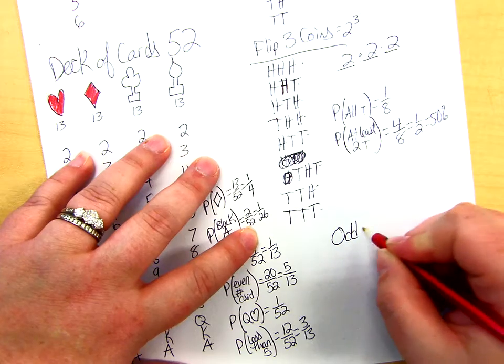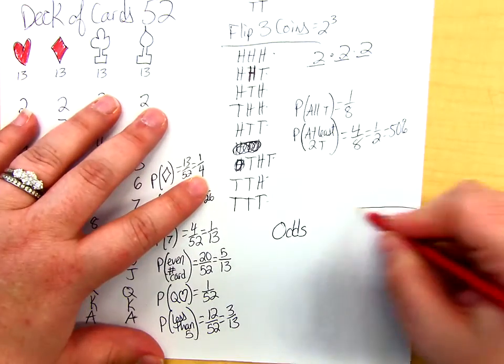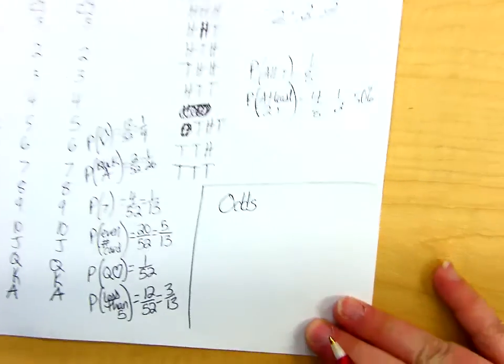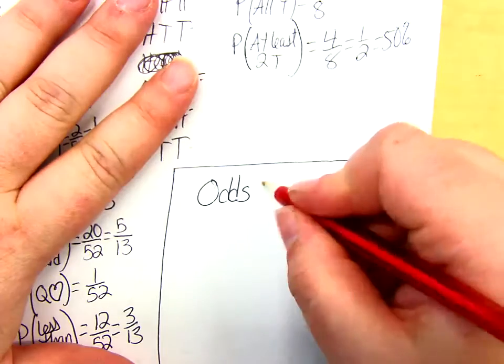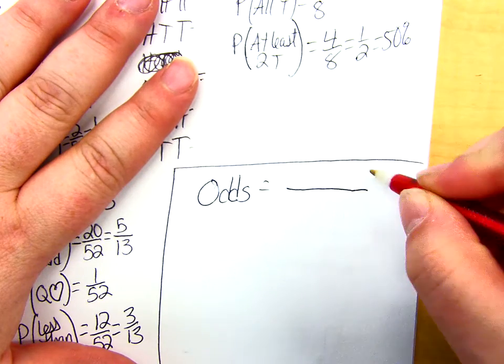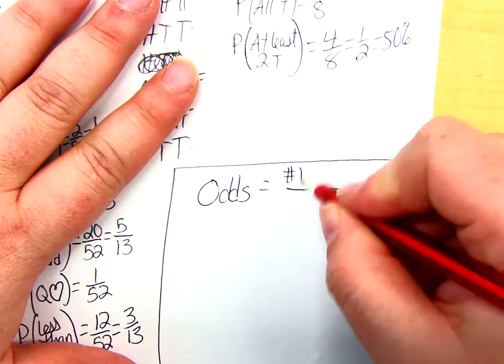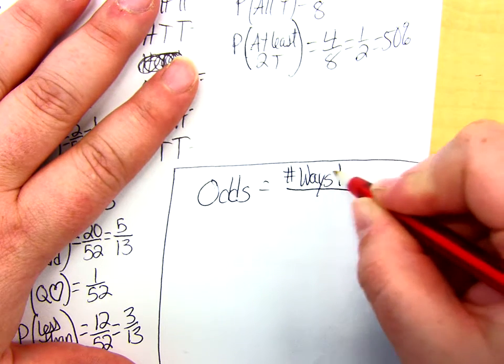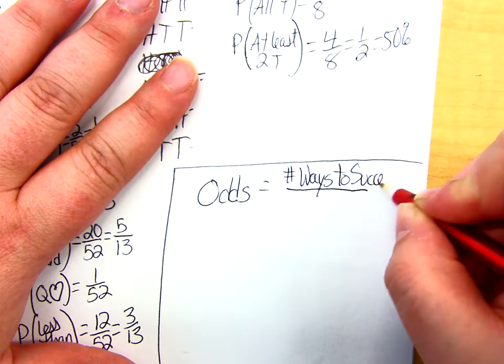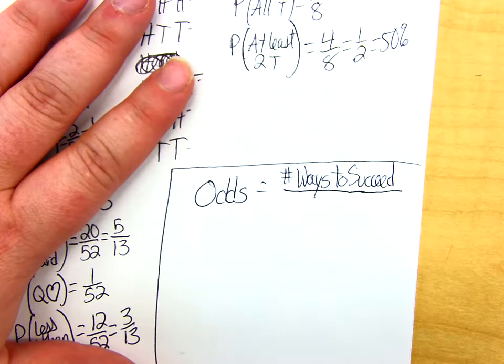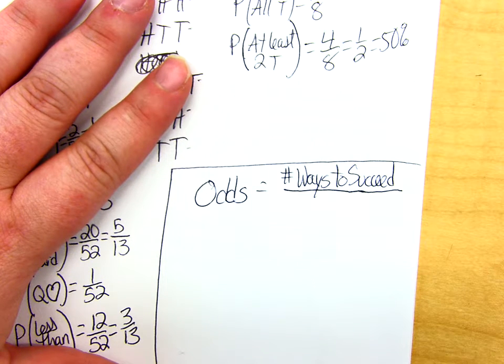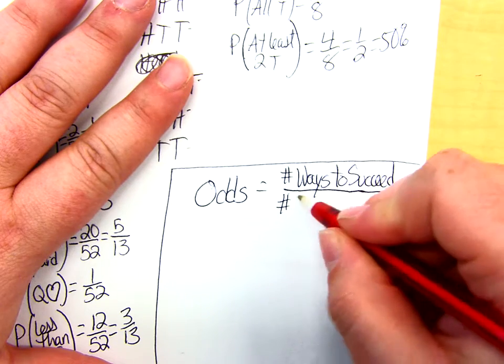So the formula for odds, let me zoom in here. You still are going to have the number of ways to succeed on top. On the bottom, though, it's number of ways to fail. So it's not the total, it's number of ways to fail.